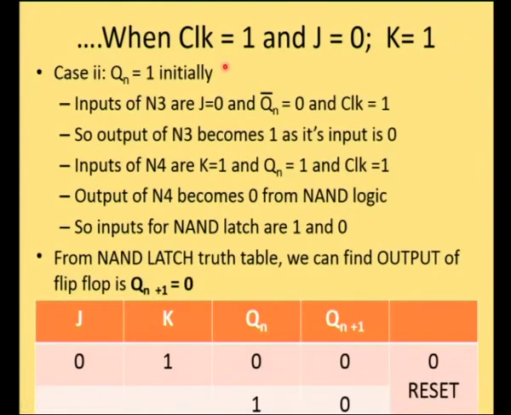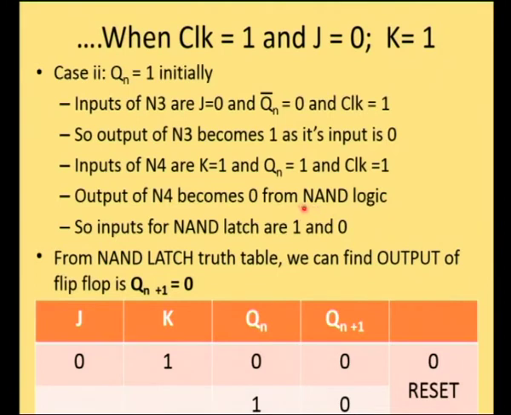If clock is equal to 1, at the same time J equal to 0, K equal to 1, but the previous output was 1, what would happen? In that case, as in the earlier case, you will find that the output of N3 becomes 1 because your J is equal to 0. But for N4, what are the inputs? K is 1, clock is 1, as well as Qn which is fed to it is also 1.